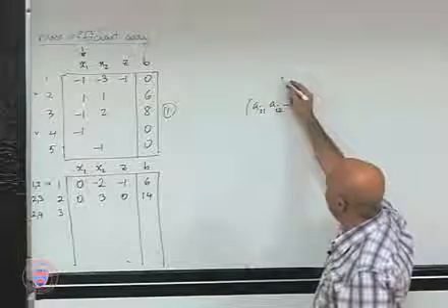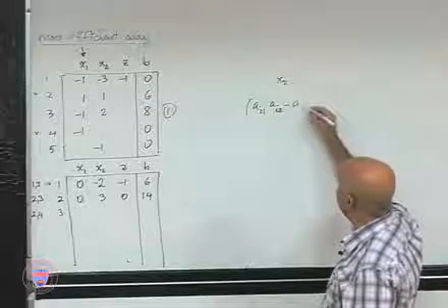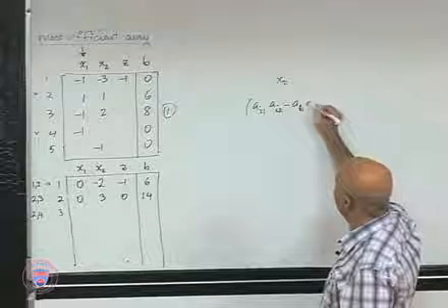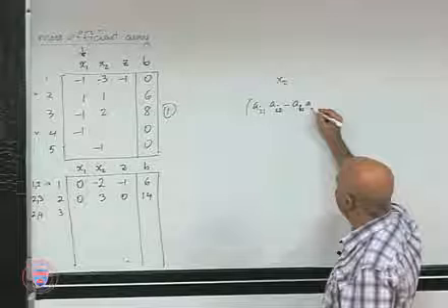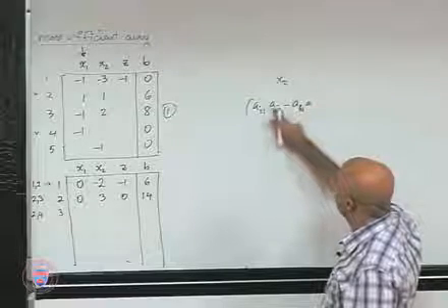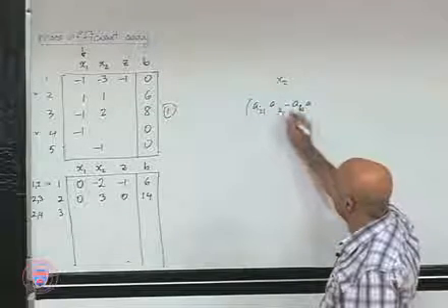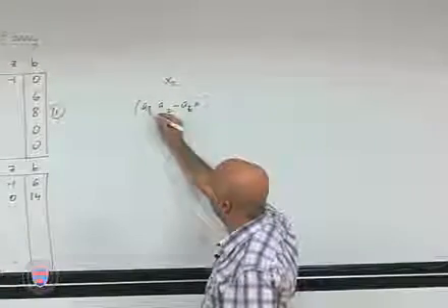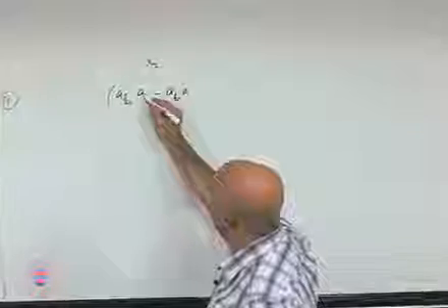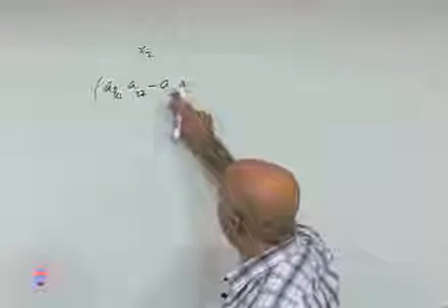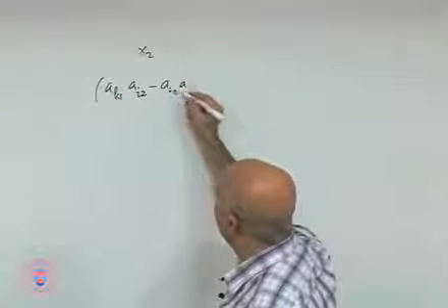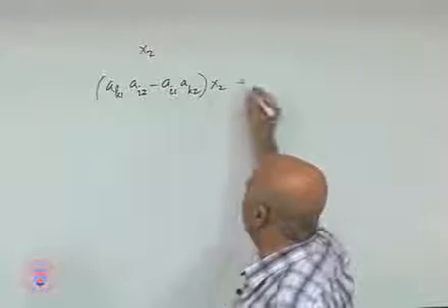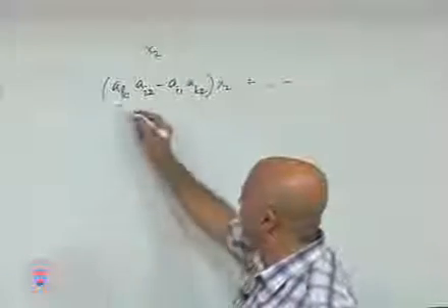This is for x2's coefficient in the second system. ak1, ai2, okay. Minus ai1, ak2. This is all we're performing, plus the remaining ones, okay?